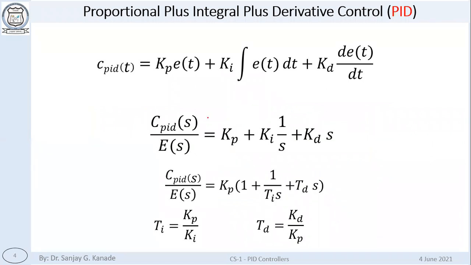In the Laplace domain, if you convert it, see, this is in the time domain, right? We were talking about E of t. So when we convert it into the Laplace domain, this is the relationship that we get. E of t becomes E of s, which I have already taken on the left hand side. So here it is only kp, here it is ki into 1 by s, here it is kd into s.